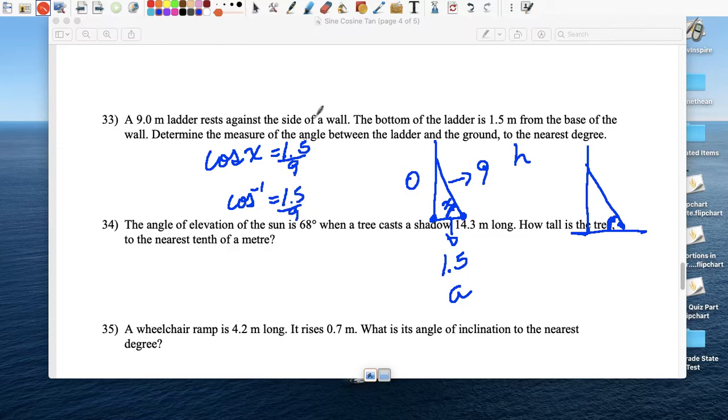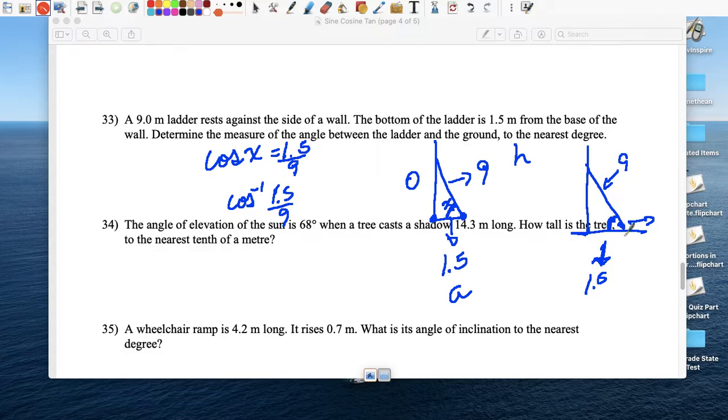So 1.5 over 9. Let's enter that in the calculator. What angle does this have to be so that when I rest my ladder, this distance is 1.5 and this is 9? Because if you think about it, if I push that ladder out a little bit more, then that distance would not be 1.5 anymore, it would be a little bit more.